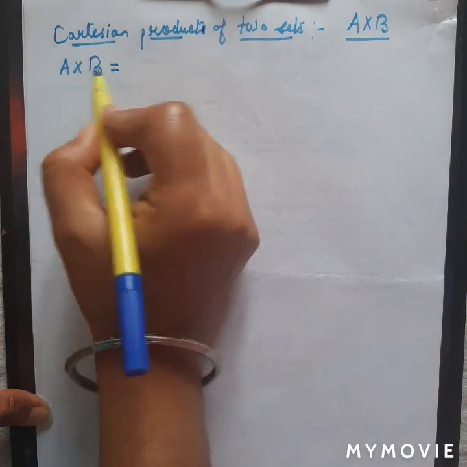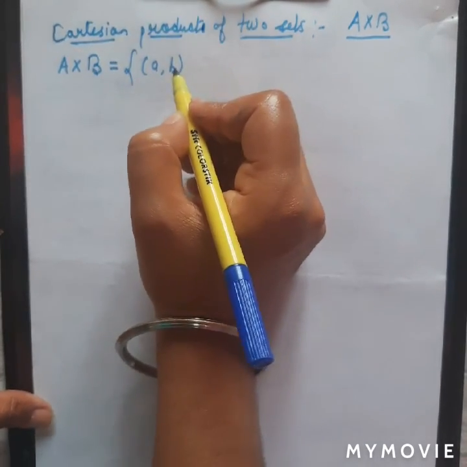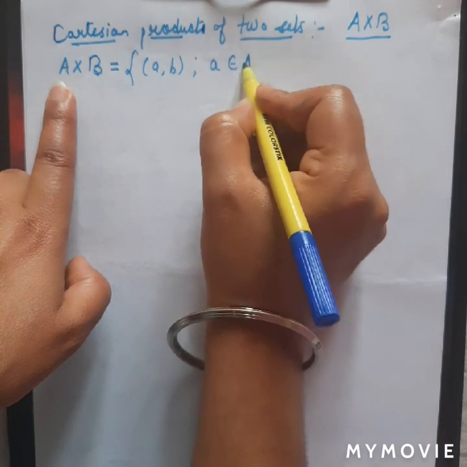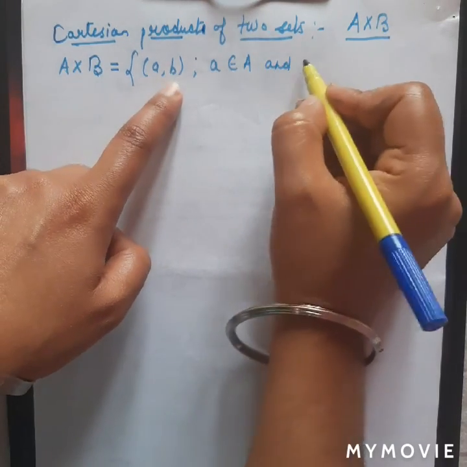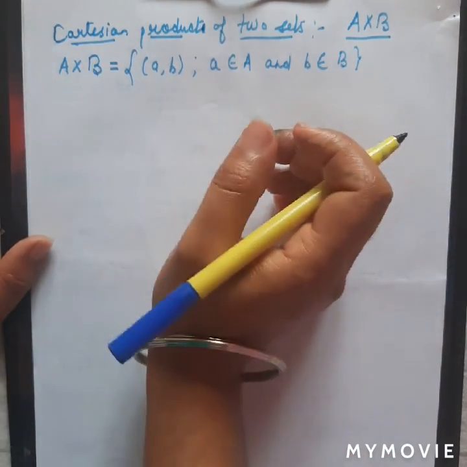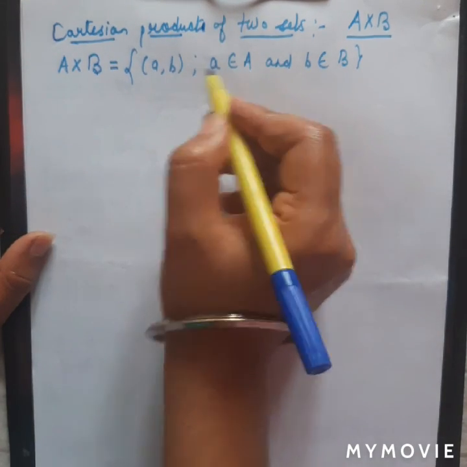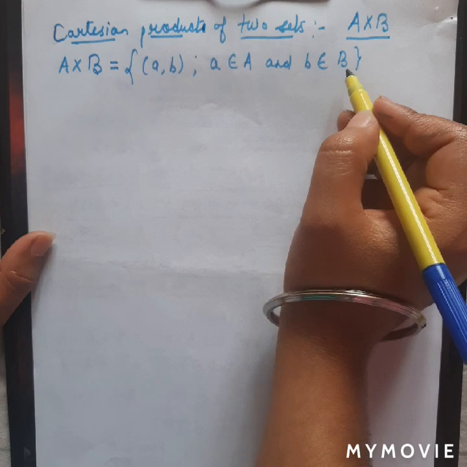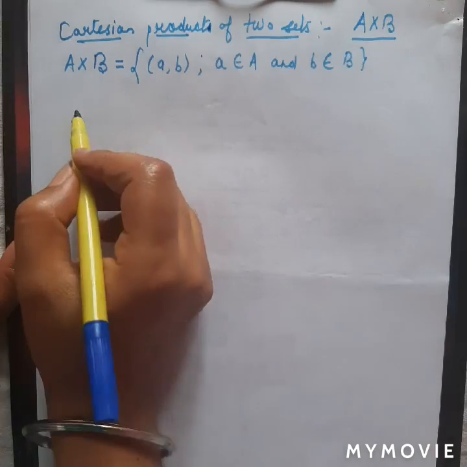A cross B, or the Cartesian product of A and B, is the collection of all the elements (a, b) such that a, the first element, belongs to the set A, the first set, and the element b, the second element, belongs to the second set B. So this collection of all the ordered pairs of the form (a, b), where a belongs to A, the former set, and b belongs to B, the latter set, is called the Cartesian product of two sets.